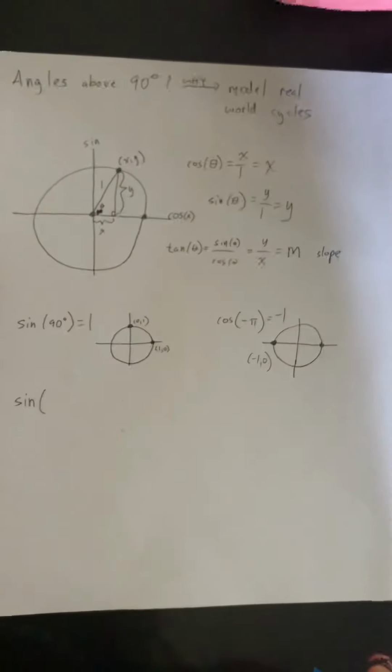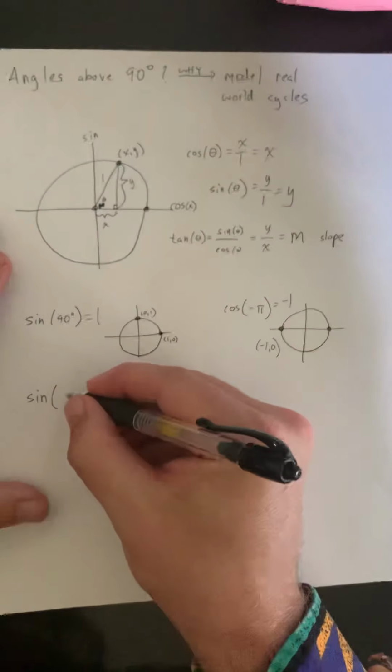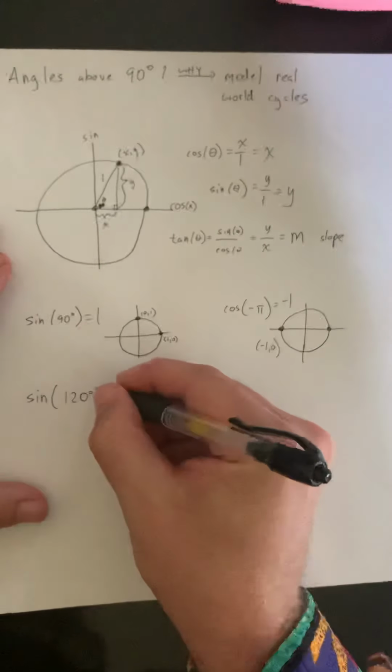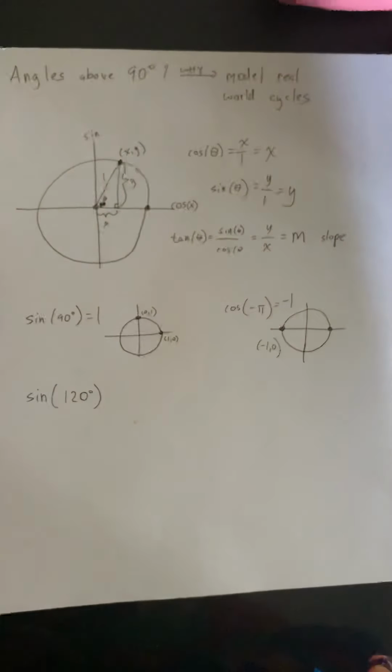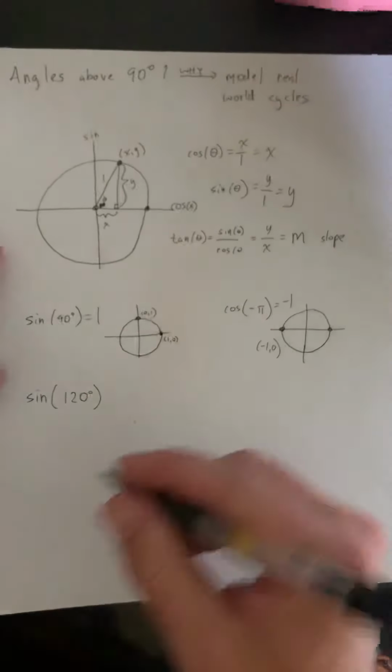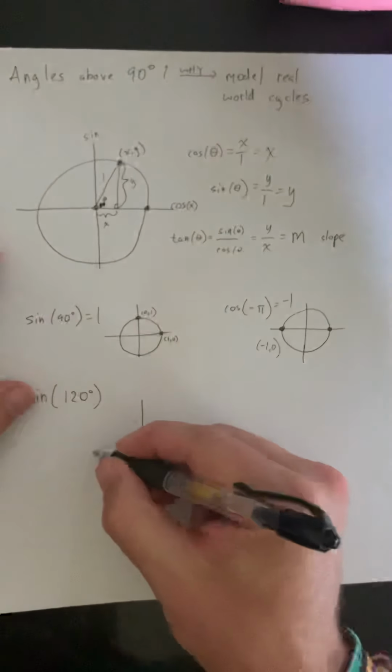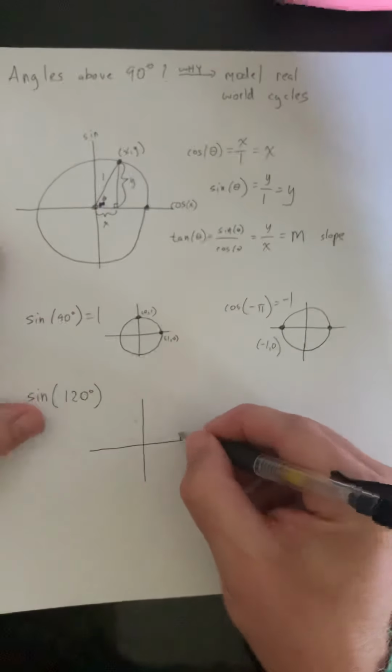Okay, now what about angles that aren't divisible by 90? Instead, they're divisible by 30, 60, or 45. Okay, we'll start off with one of these. I'll say sine of, we'll say 120 degrees. So last year that would make no sense because it's in a right triangle. But now we have a way to help it make sense.